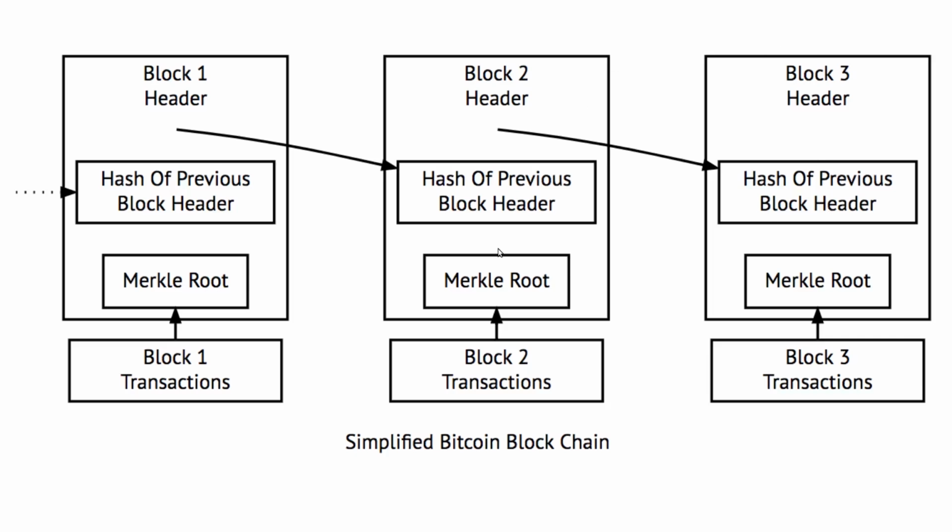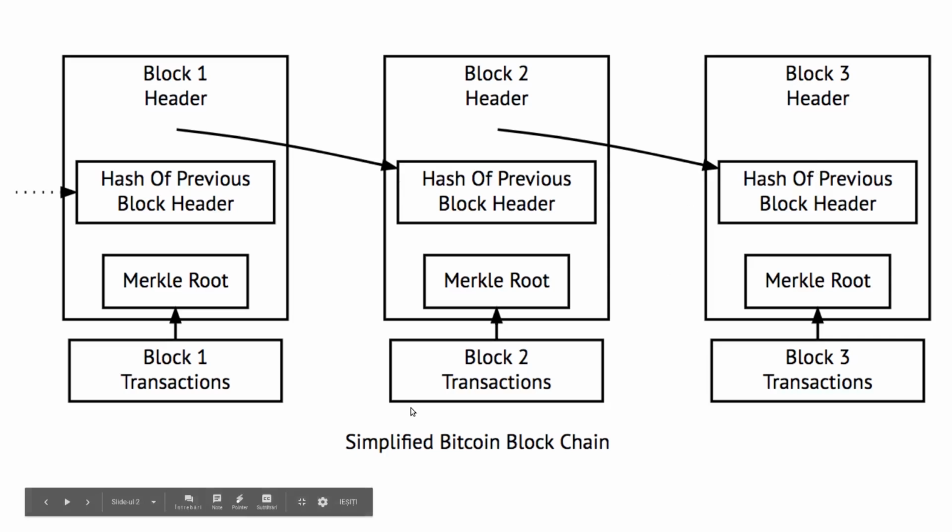But in order to calculate block number 2, you also have the hash of the previous block number 1, and so on. So if I am interested, I can validate that block number 1 is part of this chain by verifying that its hash can be determined in order to get the hash of block number 3. So I can see that block number 1 is part of this blockchain history.